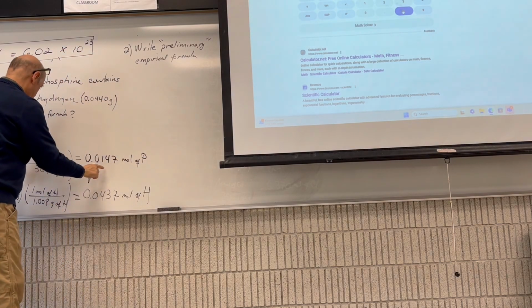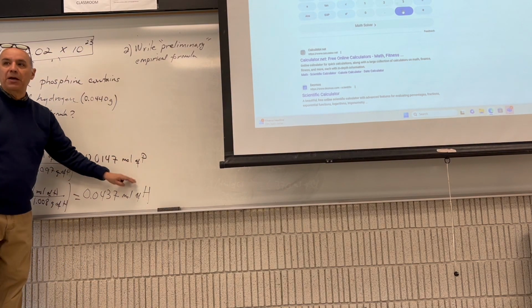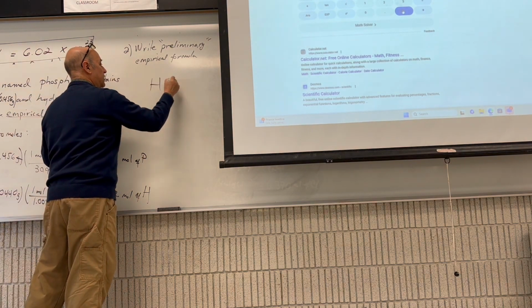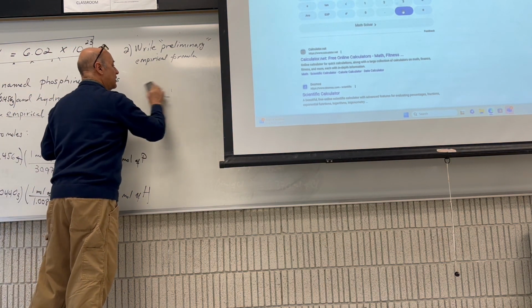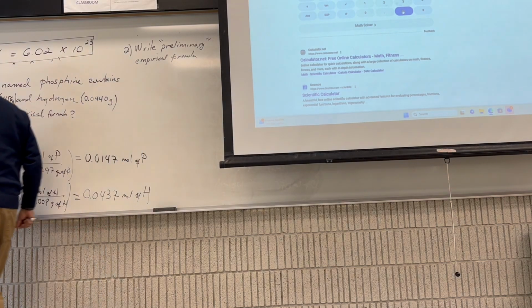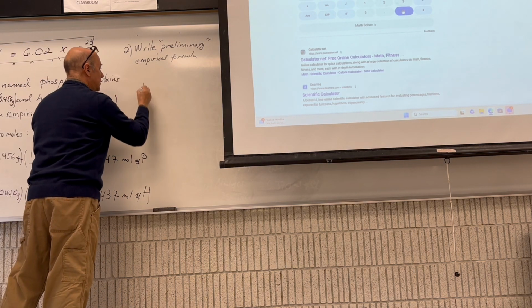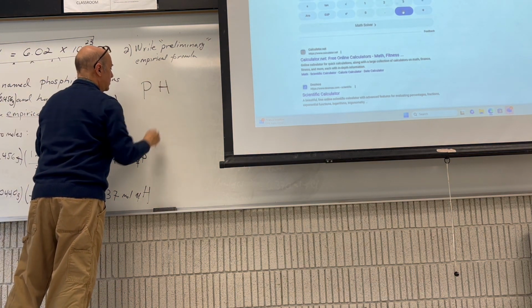Both of these are non-metals, so you could argue that you can put the H first and the P second. It turns out that in that particular chemical, the phosphorus is considered to be the first element, because it's looking at hydrogen as being here, not there. How do you know that? By experience. There's no fast rule that I can give you. So you're going to write P first and then H second.